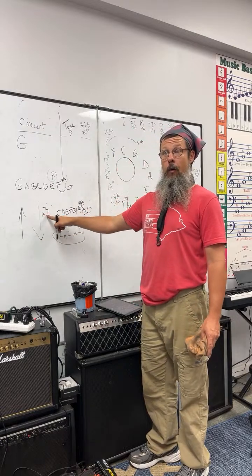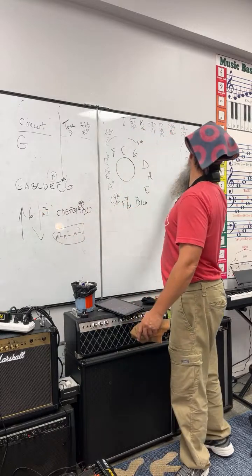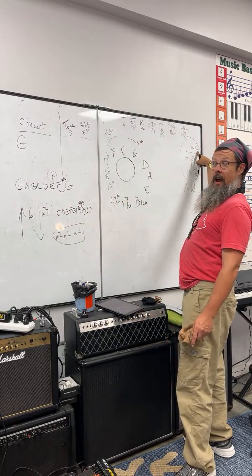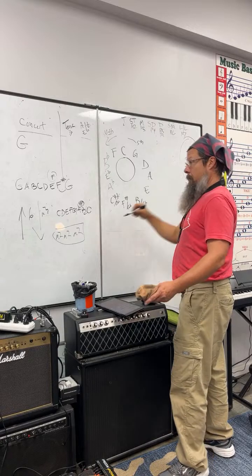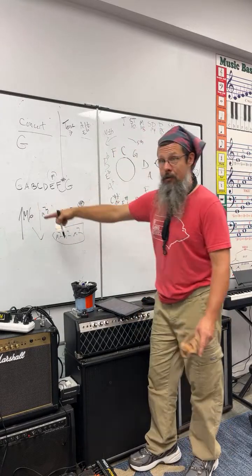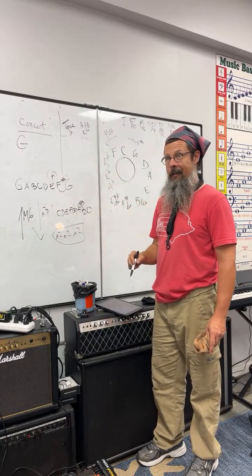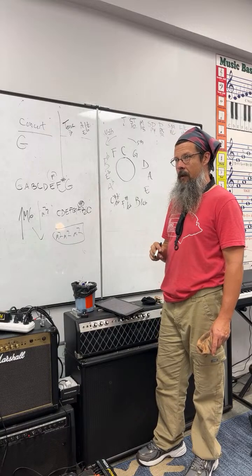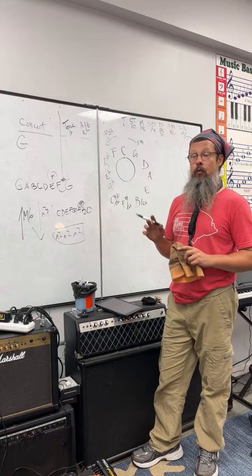What's 9 minus 3? 6. What's the opposite of a minor? Major. Yes. You can either go up a major sixth, or you go down a minor third. Did that make sense? From 9, up 6. The 9, it's the magic 9 number. That's what all these work out to.